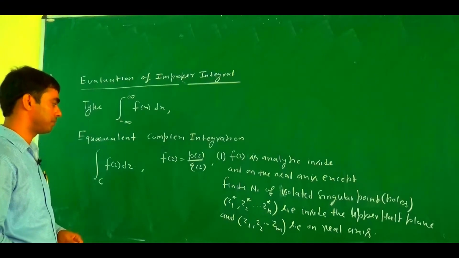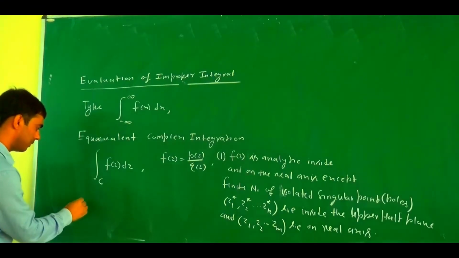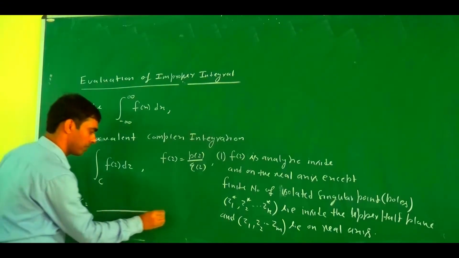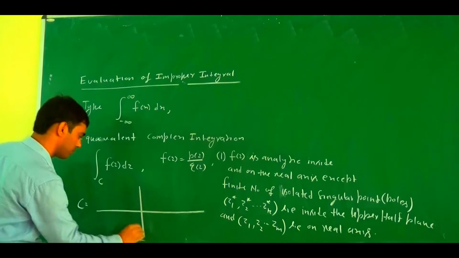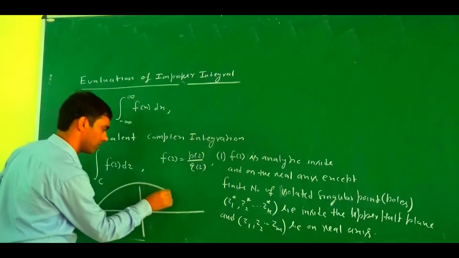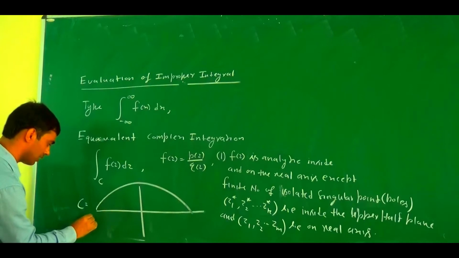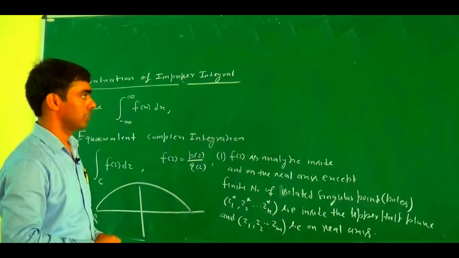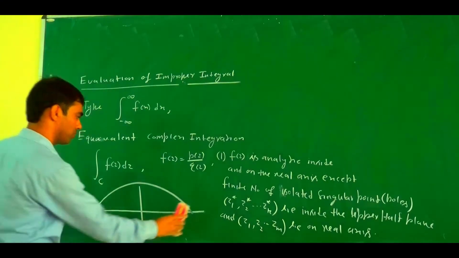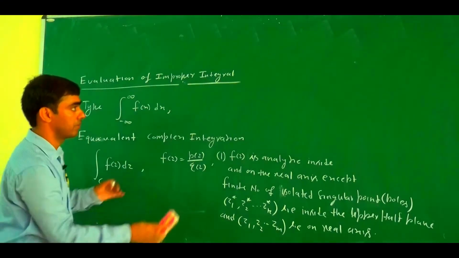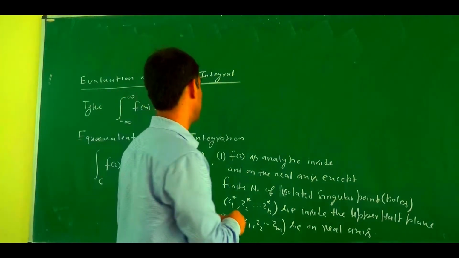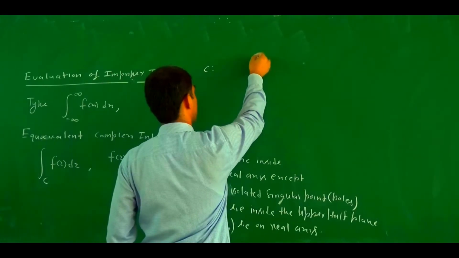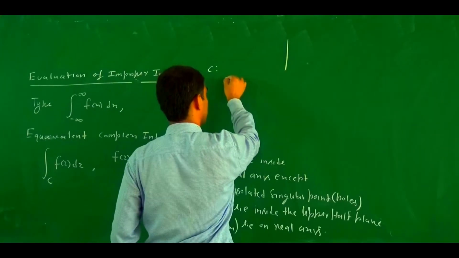So what is the C? C looks like this one. This is minus R, and this is plus R. I am going to draw it here because there is a use of this curve.